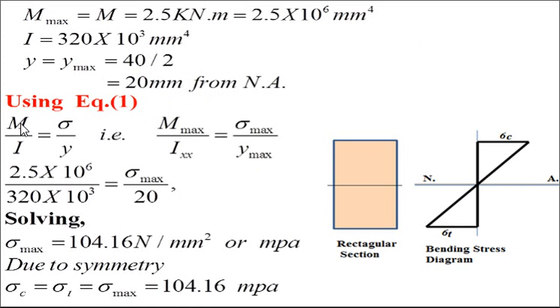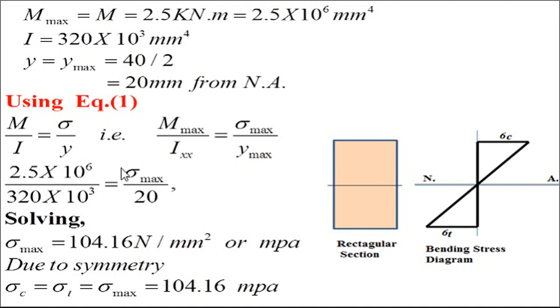So using the flexural equation, we have to use only the first two terms because we have to calculate stress. M upon I equals sigma by y, you put all these terms and you will get sigma max. I have converted this equation like this: M is equal to M max, I is equal to Ixx, sigma is equal to sigma max and y is equal to y max. According to the requirement of the problem, you have to change the terms of the equation.